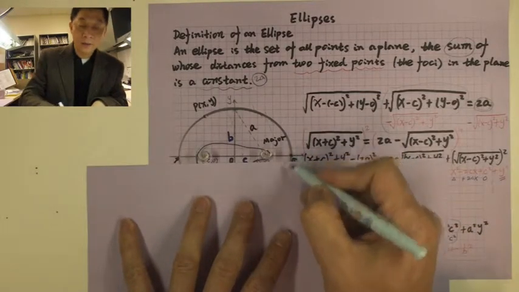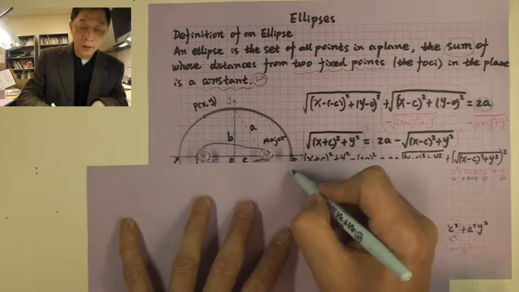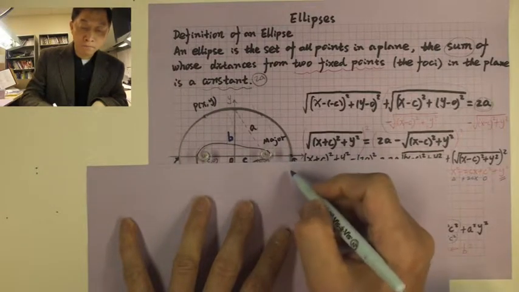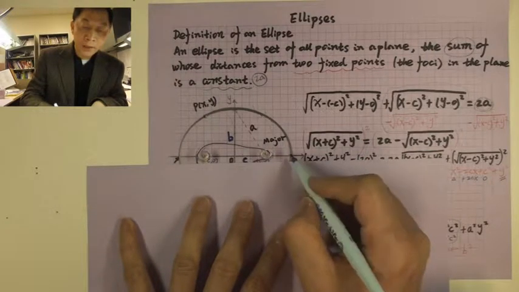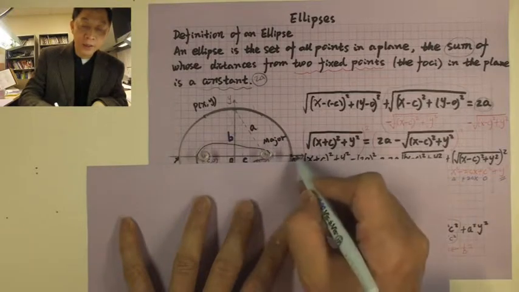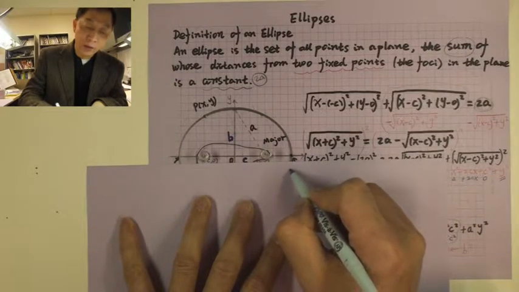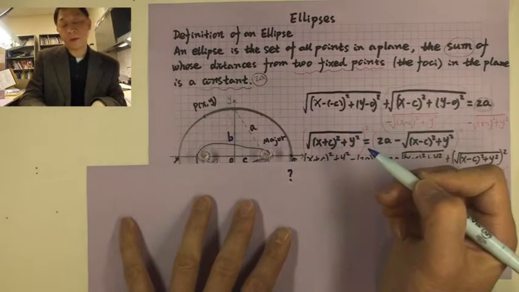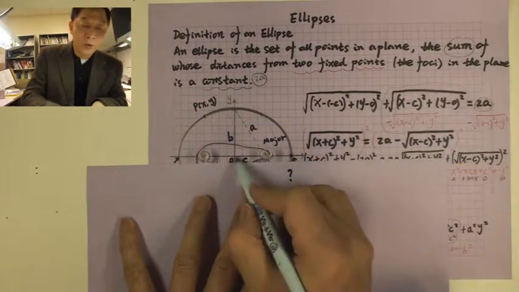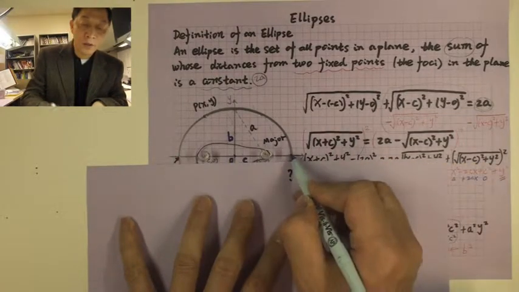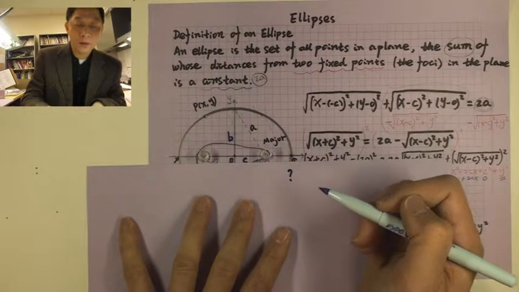Assume the coordinate here, from 0 to here, let's say, is a question mark. Okay? From origin to this point is a question mark.